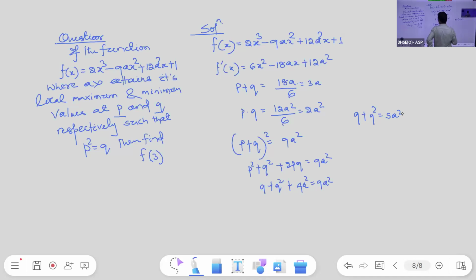Square is equal to Q. If you substitute Q is equal to P square, so PQ is equal to 2a square. So P into P square is equal to 2a square. So P is equal to 2 to the power 1 by 3 into a to the power 2 by 3.